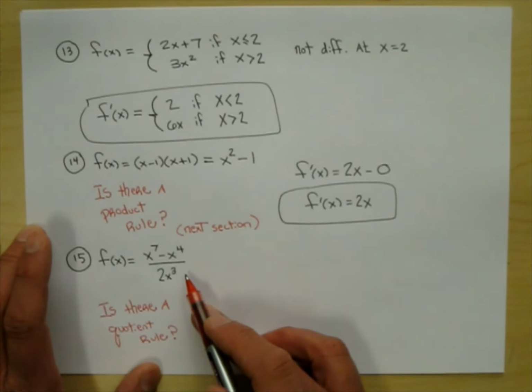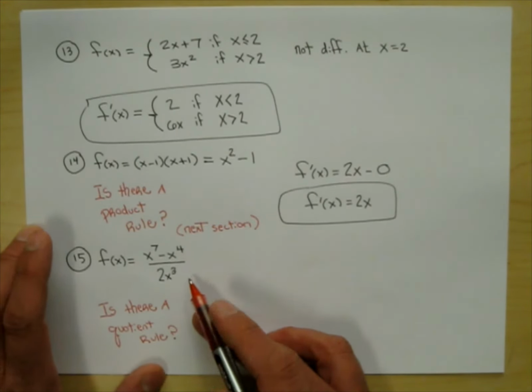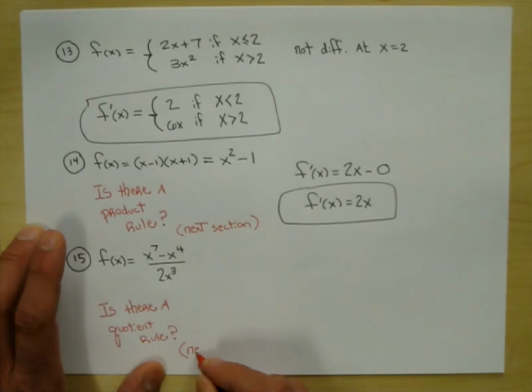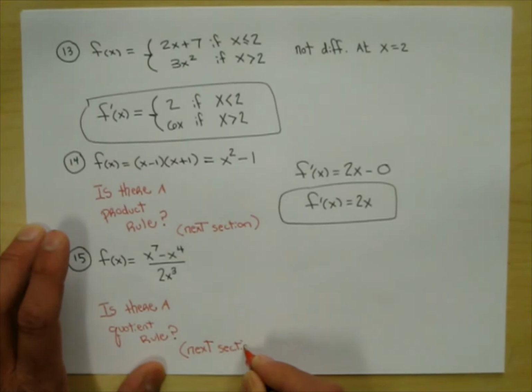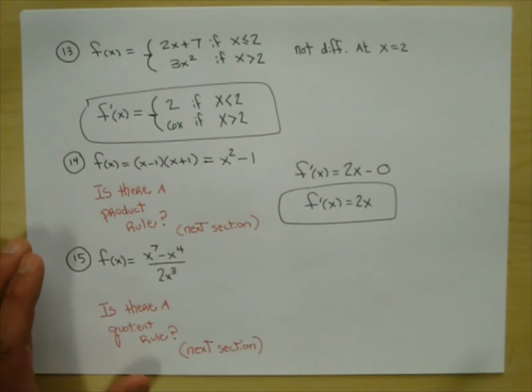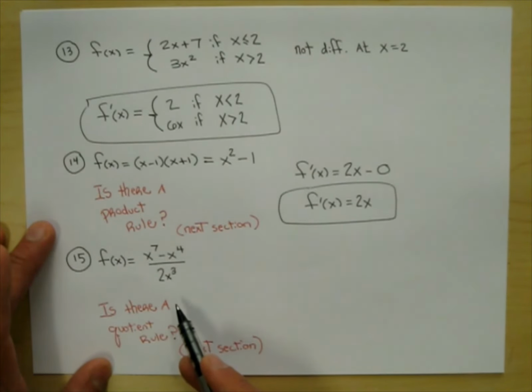The derivative of a quotient is not the quotient of the derivatives, so I wish it were that easy. This is going to be in the next section. And I know some of you are like, wow, now I have something to look forward to. Yeah, you do.